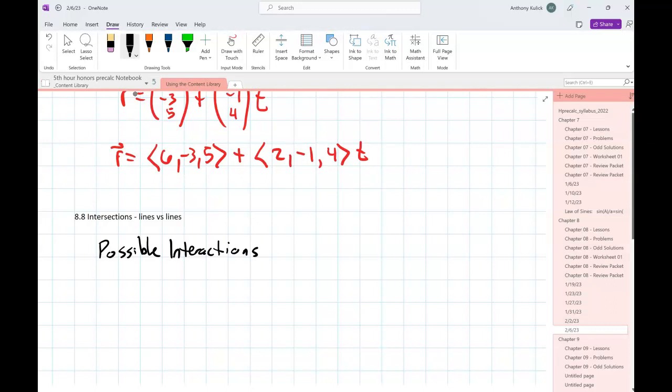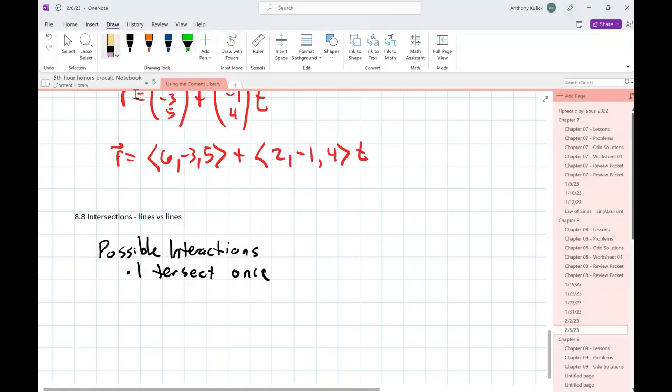When I say interactions, you have two lines in three-dimensional space. What can happen to those two lines? Okay, one possibility is they intersect. How many times would they intersect? One time.